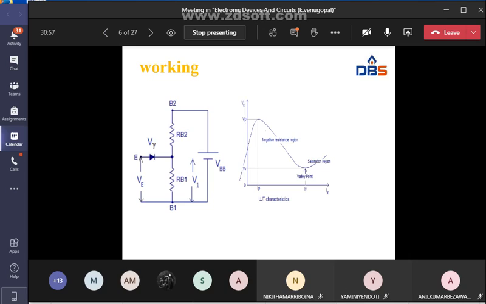Here B1 is connected to the negative terminal and B2 is connected to the positive terminal. That's why when VE is greater than V1, the holes are repelled by the B2 terminal and attracted towards the B1 terminal, since B1 is connected to the negative terminal.